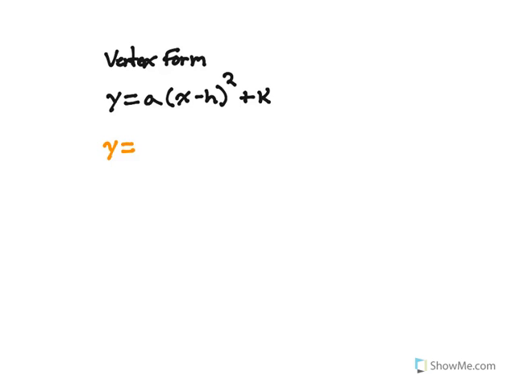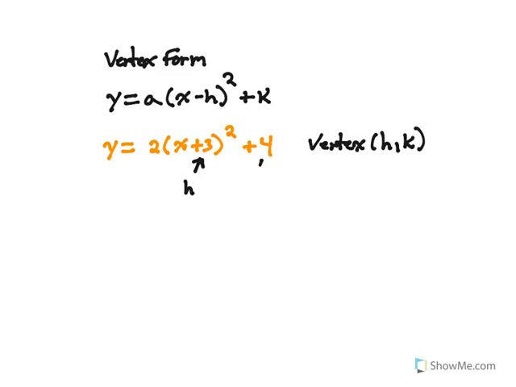So we'll use this as an example. All right, and then we read the vertex. Okay, remember it's h comma k. So this value here represents the h, and this value here represents the k.